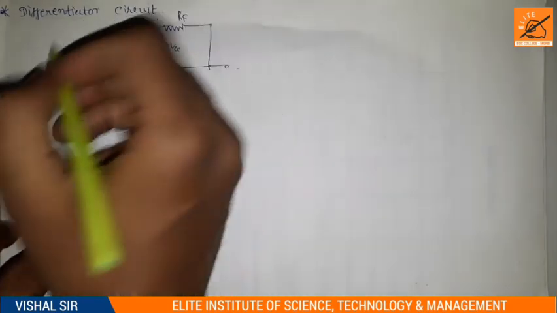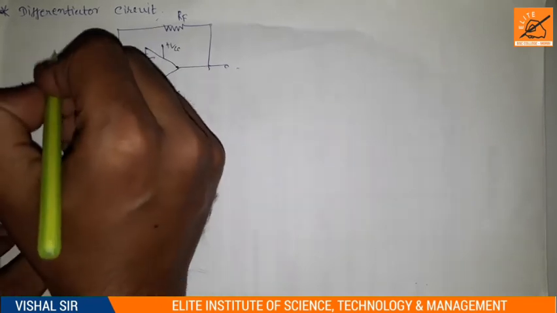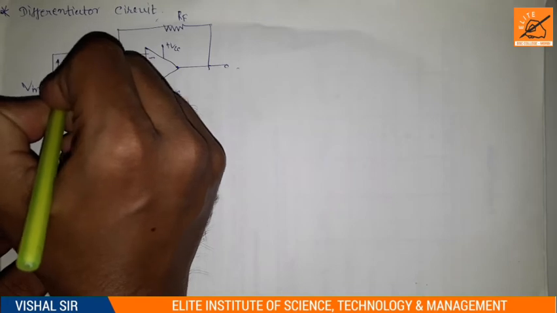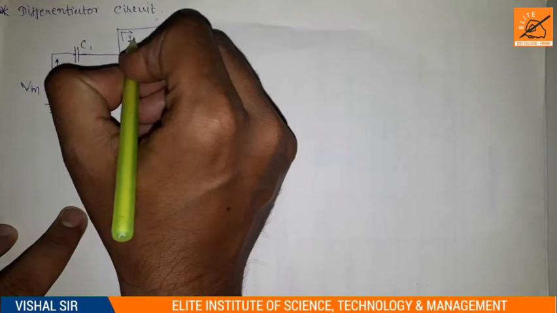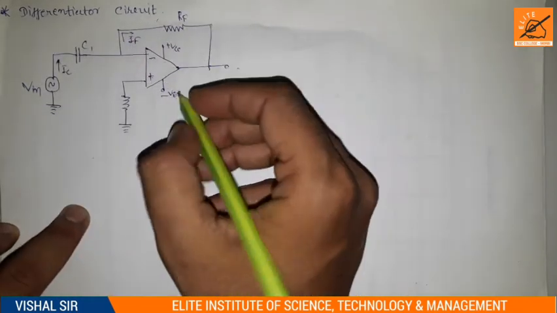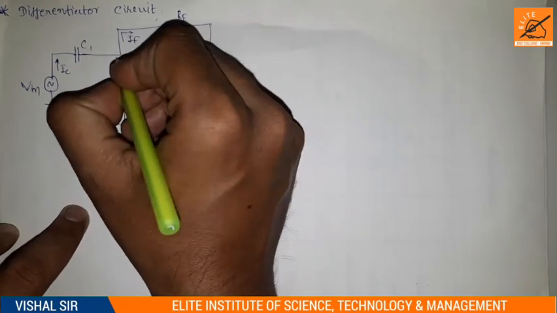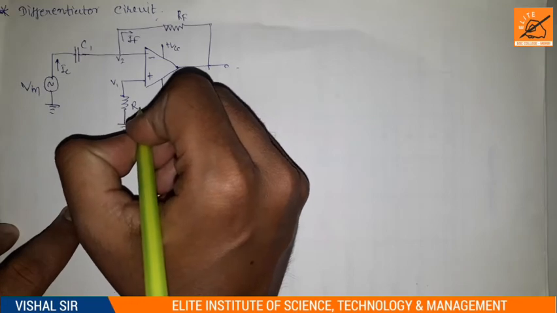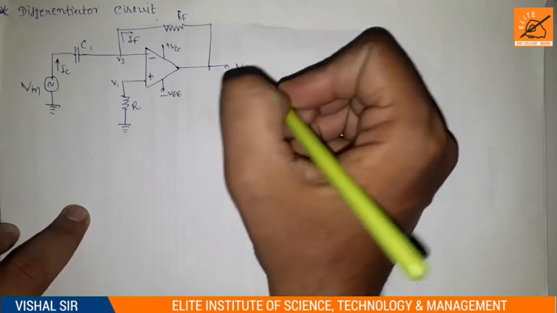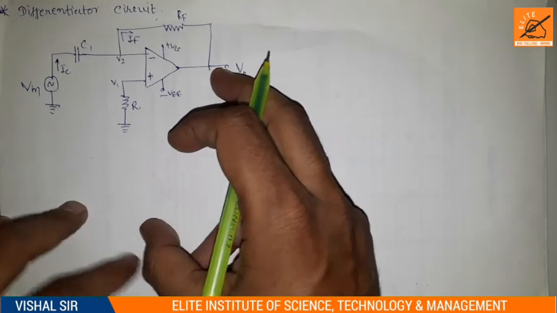Here is C1. This one is VIN, and this is the capacitor current IC. Here is the feedback current IF. This one is V1, V2. Here is V0. So this is the basic circuit diagram of the differentiator.